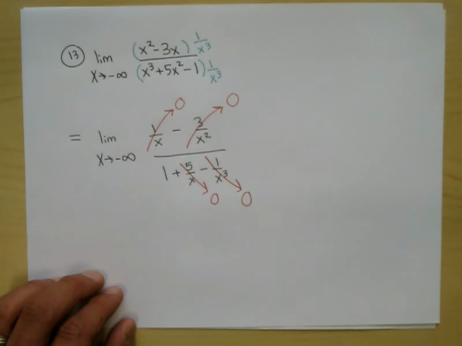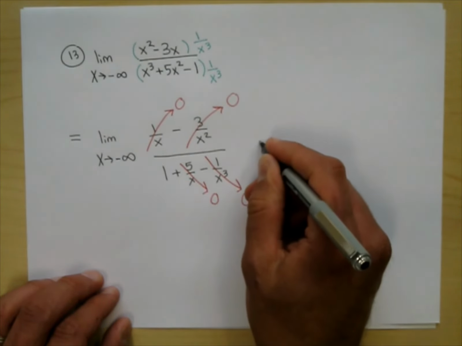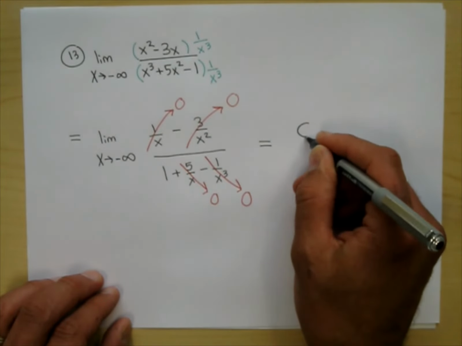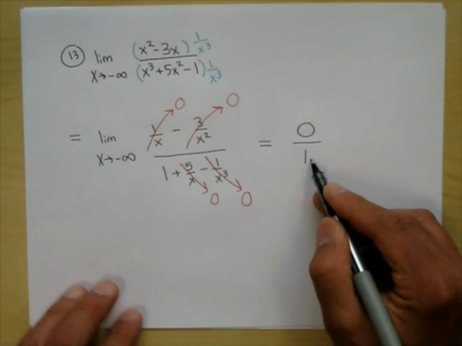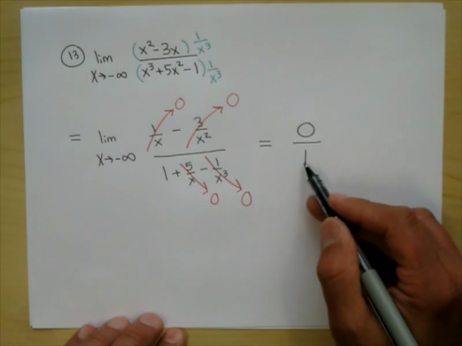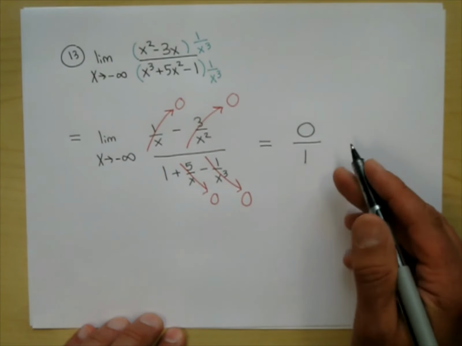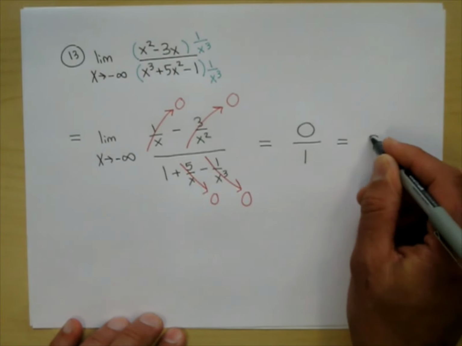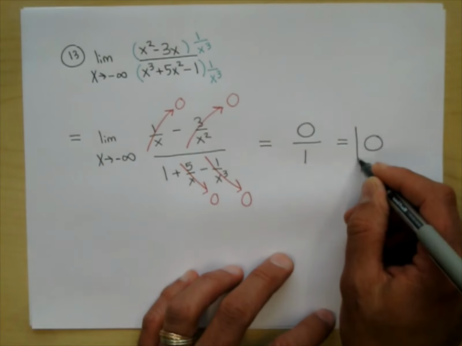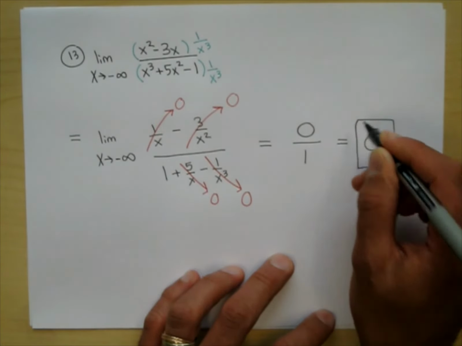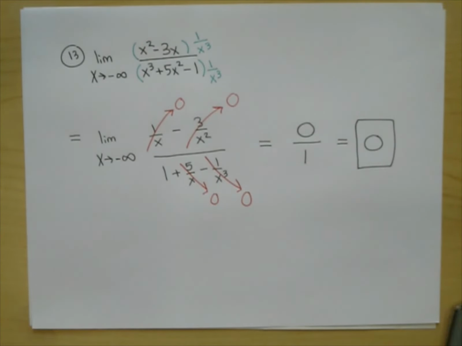So you might think, well, look, Joe, it's undefined. But watch this. On the top, you have 0, and on the bottom, you have 1. That is not undefined. This is really saying what number times 1 gives me 0. So you can do this. That number would be 0. It's when the 0 is on the bottom that we have a problem with. So the answer to this limit is 0.